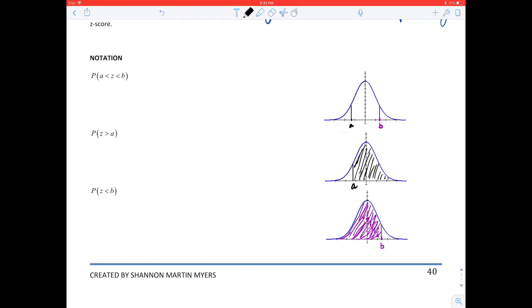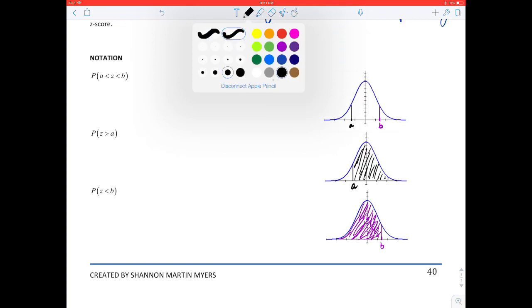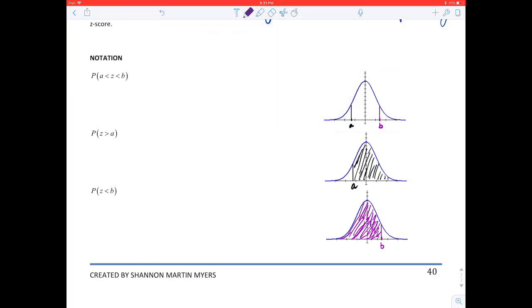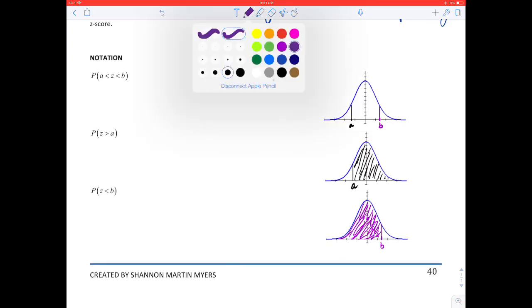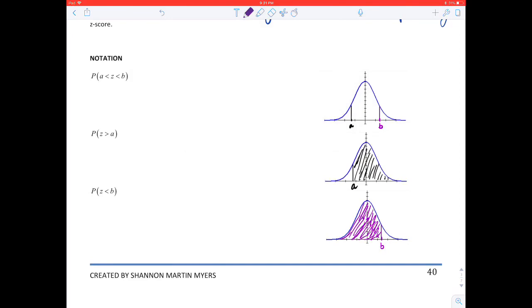All right. So here we go. Set this one up. This one would be this area.